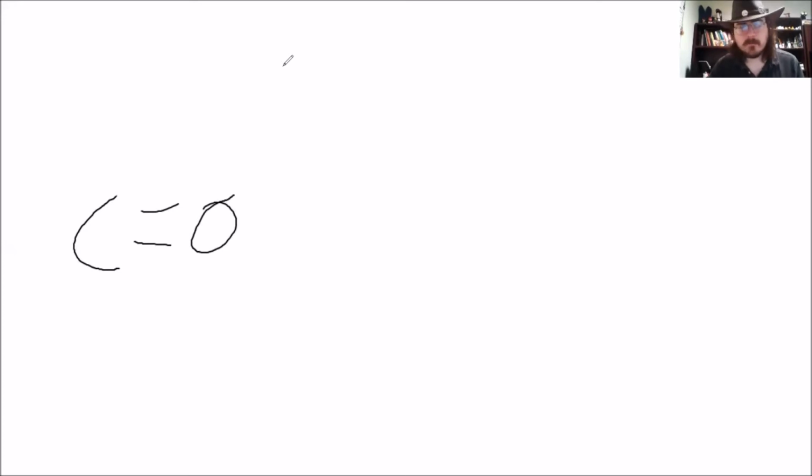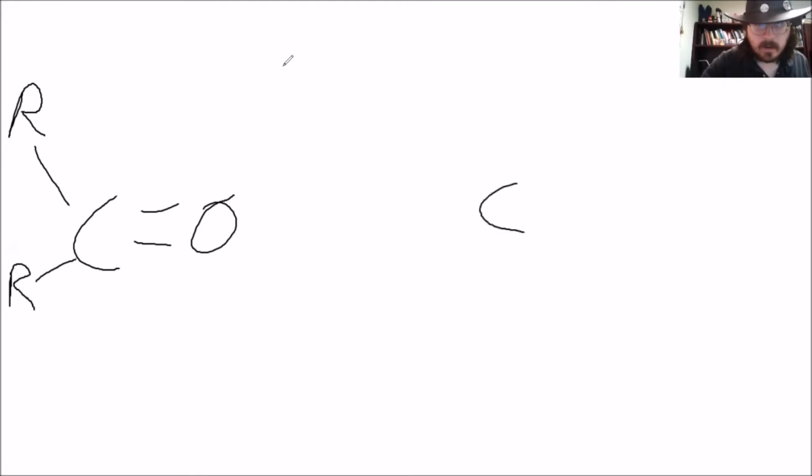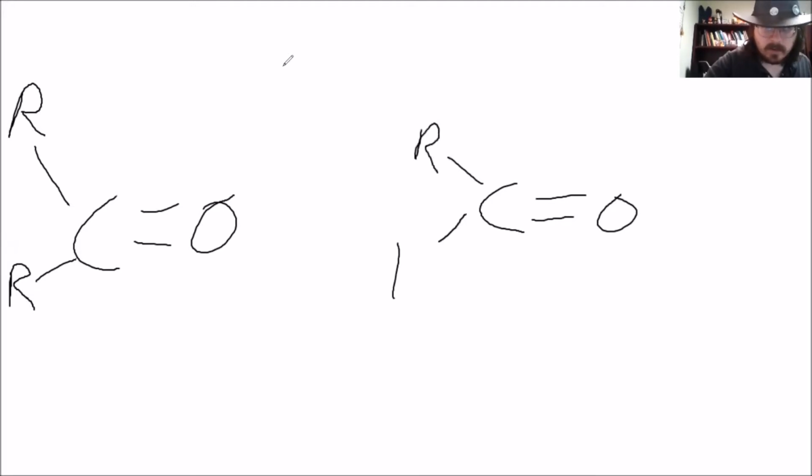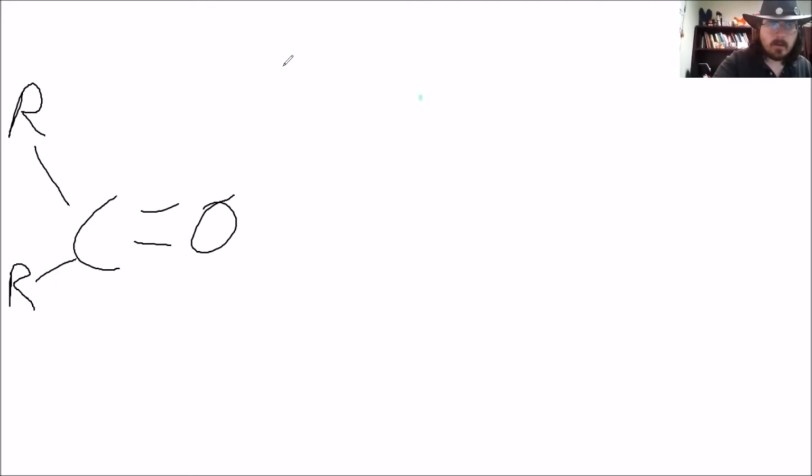A ketone is specifically a C double bond O between two carbon chains, while an aldehyde is a C double bond O between a carbon and a hydrogen. Essentially, an aldehyde is a carbonyl group at the end of a carbon chain, and a ketone is somewhere in the middle. It doesn't matter exactly where, just somewhere that's not the end.